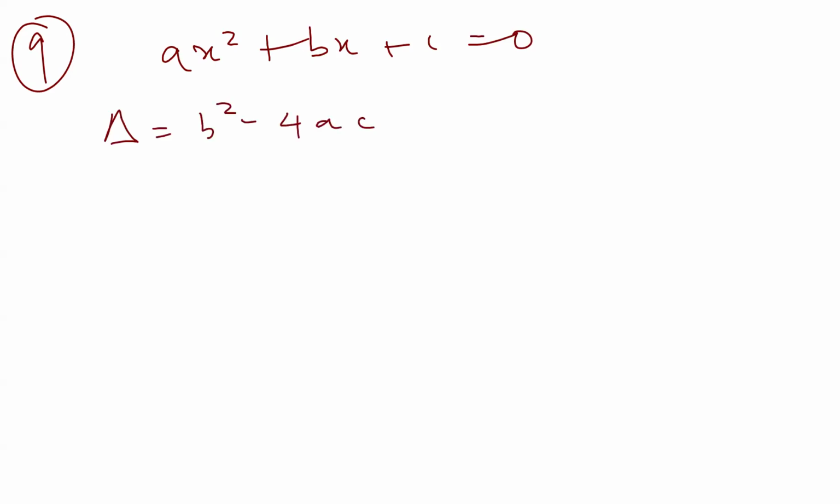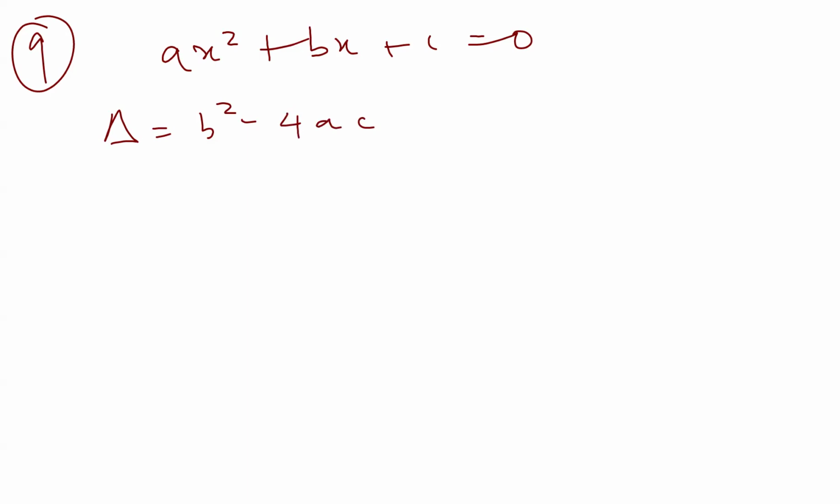Question number 9. a, b, c are rational numbers. Show that the roots of the equation are rational. So ax² plus bx plus c equal to 0. Delta is b² minus 4ac.